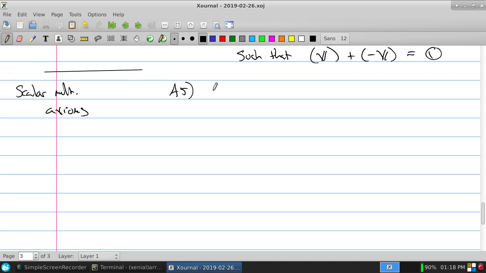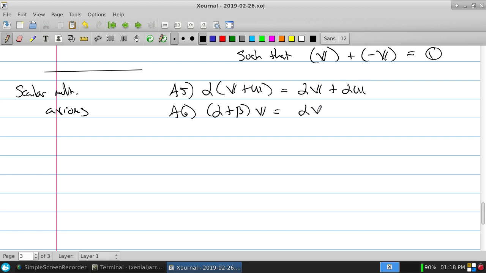A5 is alpha times (V plus U) is alpha V plus alpha U. A6 is if you had (alpha plus beta) v, it is alpha v plus beta v. I'll call it distributive law number 1 and distributive law number 2. Why do we need to have two types of distribution?